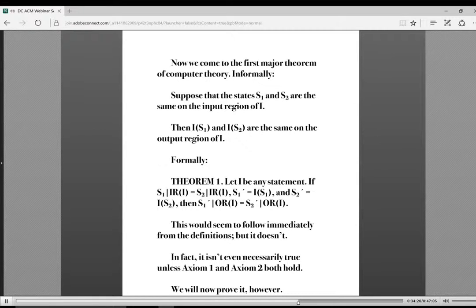If S1 restricted to IR of I equals S2 restricted to IR of I, and S1 prime and S2 prime are defined as we always have, then S1 prime restricted to OR of I equals S2 prime restricted to OR of I. This would seem to follow immediately from the definitions, but it doesn't. In fact, it isn't even necessarily true unless axiom 1 and axiom 2 both hold. We will now prove it, however.